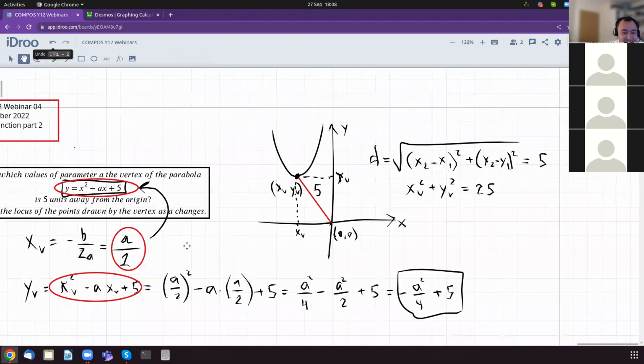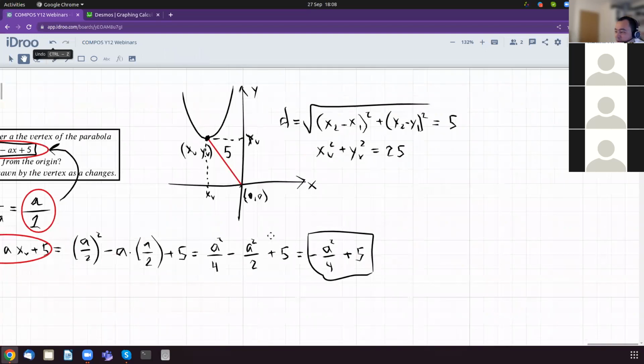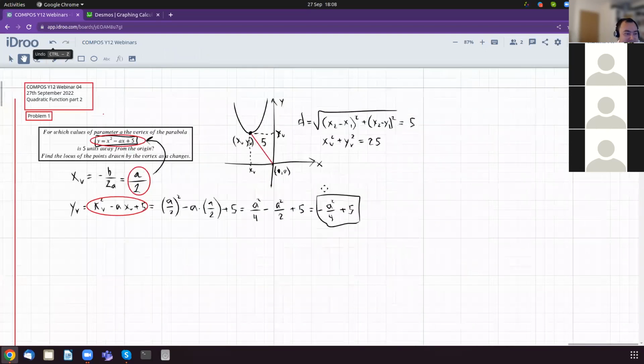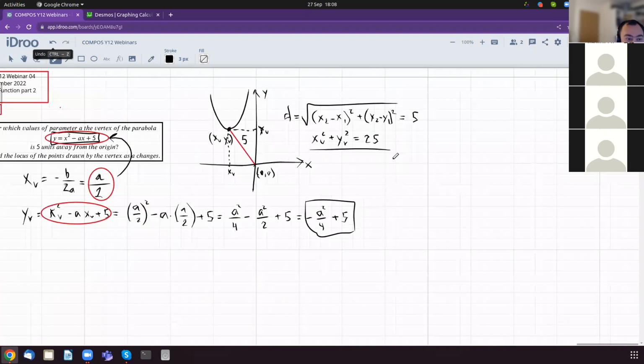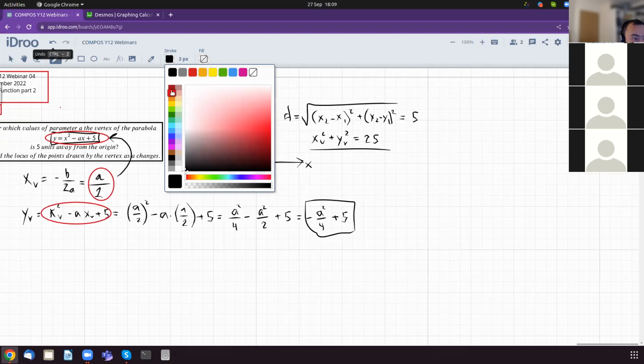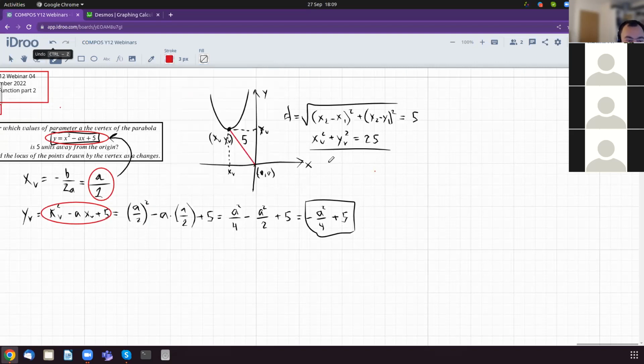And then we know that we found x vertex and y vertex, and we know that this has to be true as well. So we substitute x vertex, which is equal to a over 2. You know what? I'm just gonna rewrite it here.